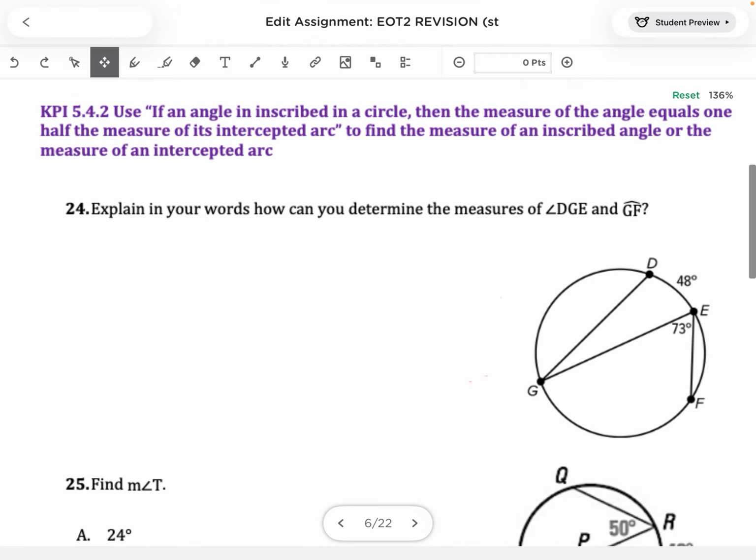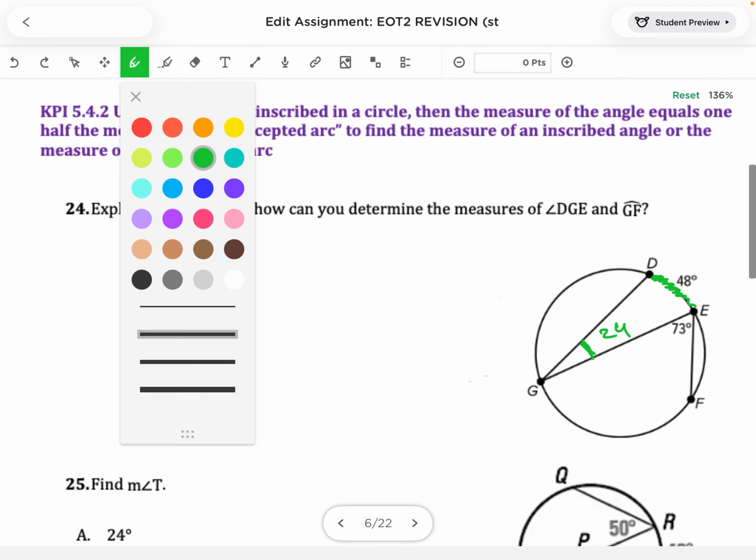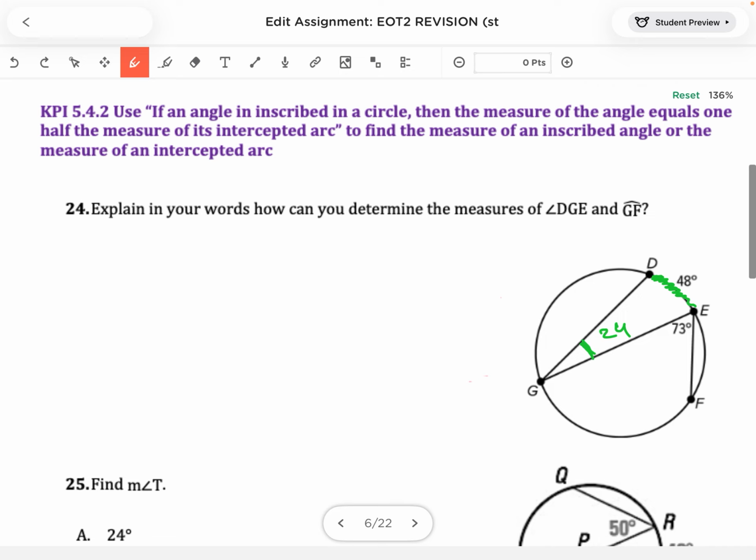An inscribed angle is half the arc. So if the arc is 48, the angle will be 24. The second is vice versa. The inscribed angle is 73, so the arc here will be double, which is 146 degrees.